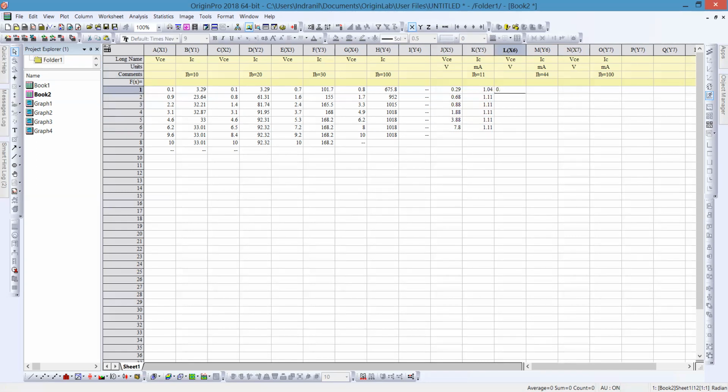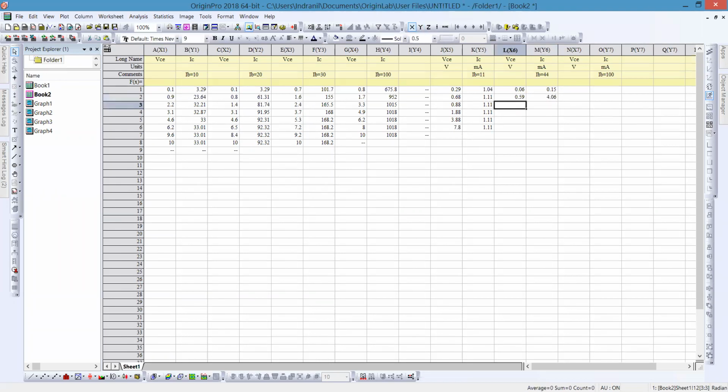0.06 volts, 0.64 milliamps. Then 0.15, and 0.59 volts, 4.06 milliamps.